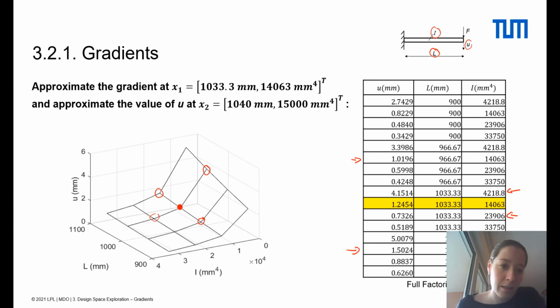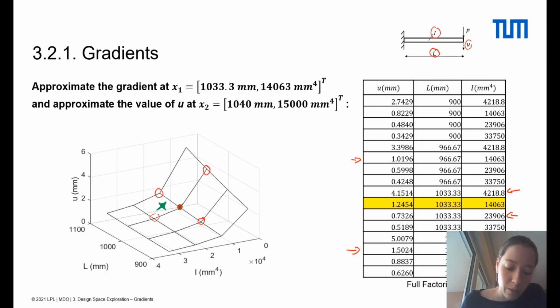For the second element in this task, the approximate value of u at x2, we see that x2 is not within this grid. So it's somewhere between the sample values that we know. Maybe it's somewhere here. Okay. To find this, we start from x1.